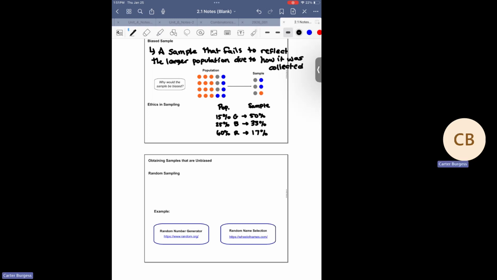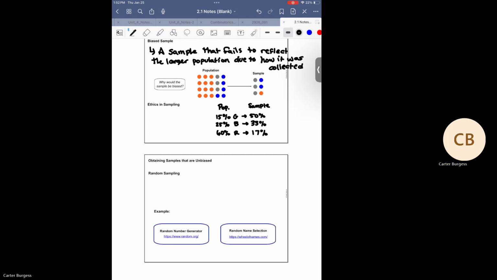The most simple way to do this is with what is called a simple random sample. Rather than being very, very selective and choosy about what goes into my sample, we just randomly choose various numbers. An easy way to do this would be to give every single person a number and then just randomly select certain numbers.